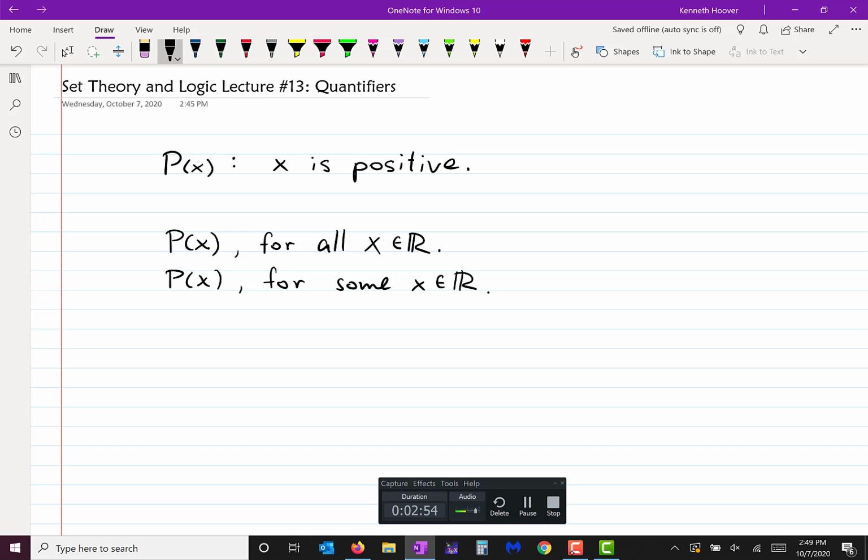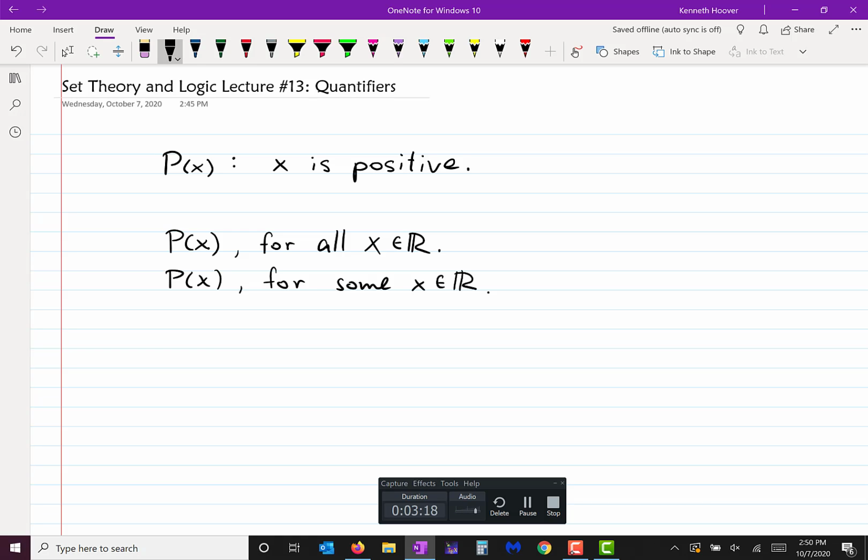Or another way of saying that is saying all real numbers are positive. Okay, that is a statement. It is a false statement. Okay? The second one says P of X for some real number X. That's saying that X is positive for some real number X. That is a true statement.